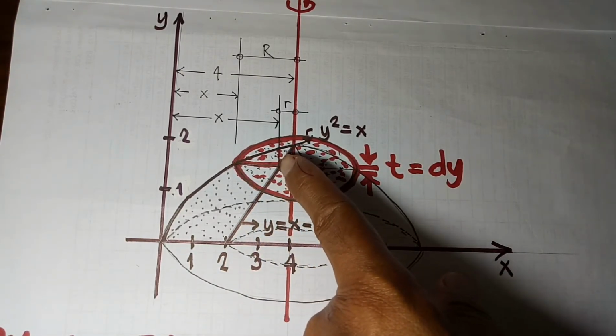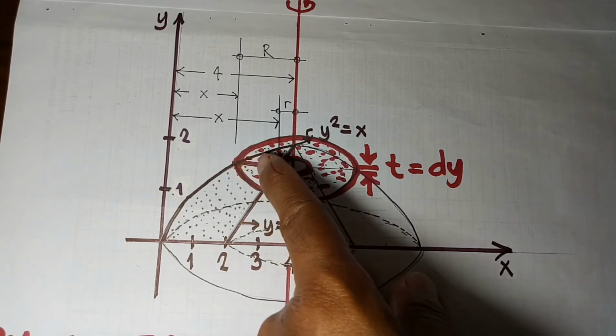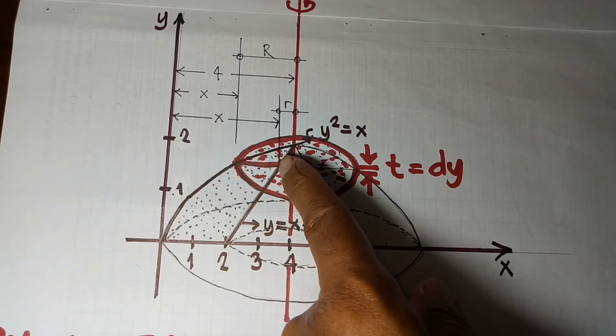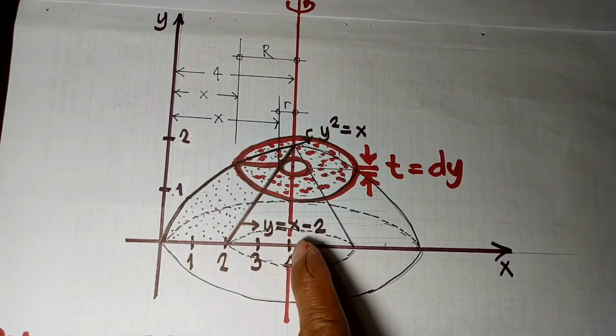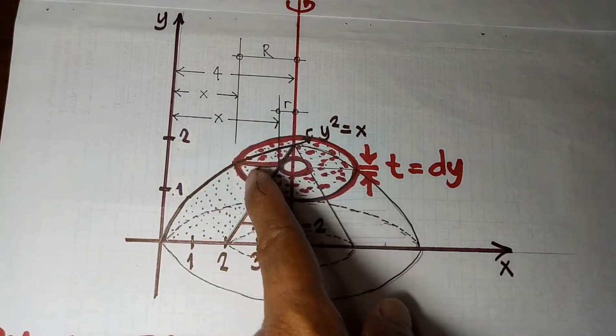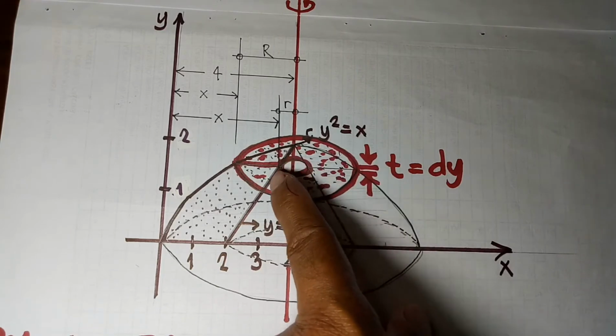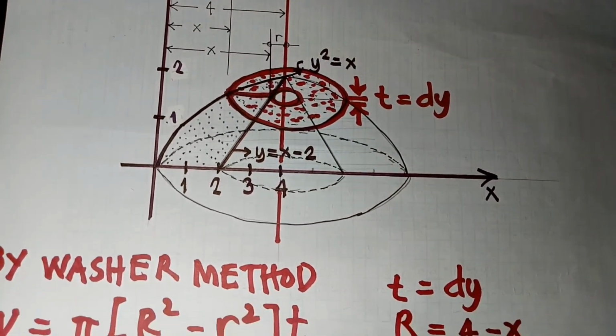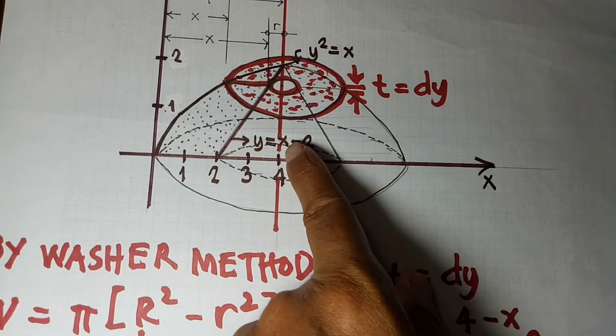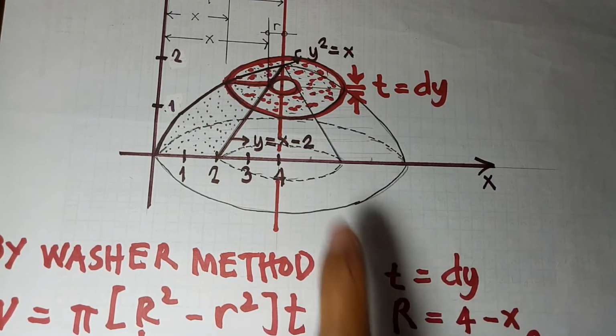Dahil yung dulo ng line na ito, na inikot natin sa x equals 4, na bumuo ng ating circular washer, ay nakatukod sa line na y equals x minus 2. Kaya pag sinolve natin yung x dito, magiging y plus 2.